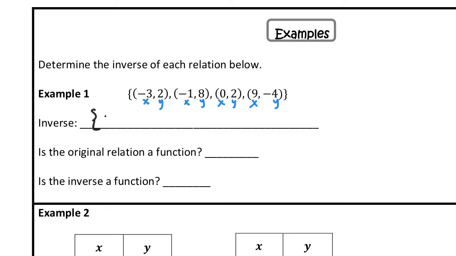So instead of negative 3, 2, I'm going to put 2, negative 3, comma, go to the next pair, switch the order, 8, negative 1, comma, go to the next pair, switch the order, comma, and then the last pair, I almost forgot to switch it, switch the order.